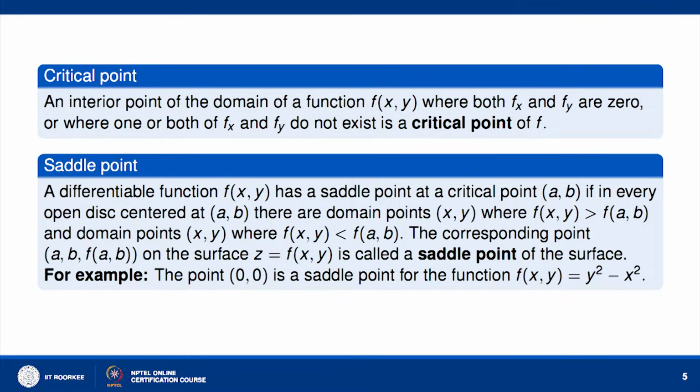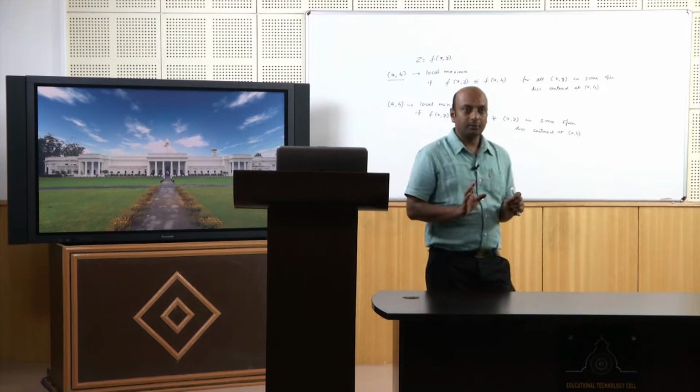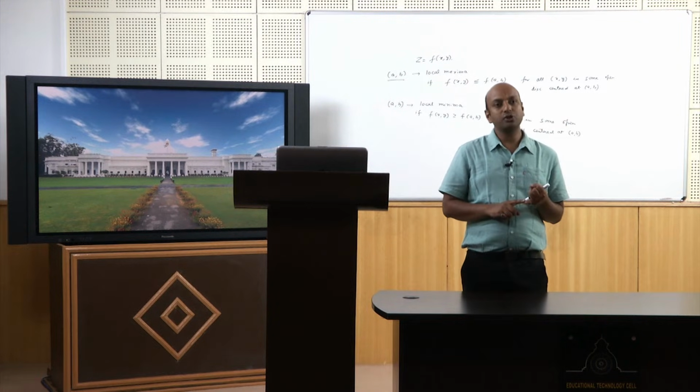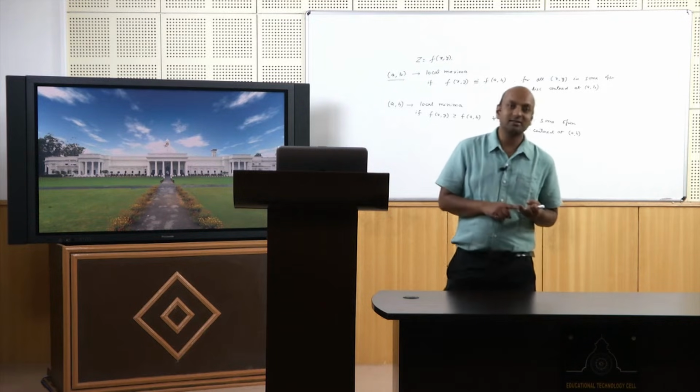An interior point of the domain of the function f(x, y) where both f_x and f_y are 0, or where one or both of f_x or f_y do not exist, is called a critical point. So, basically a critical point is a point where either f_x equal to f_y equal to 0 or f_x or f_y do not exist.